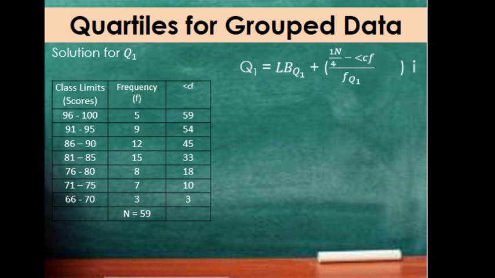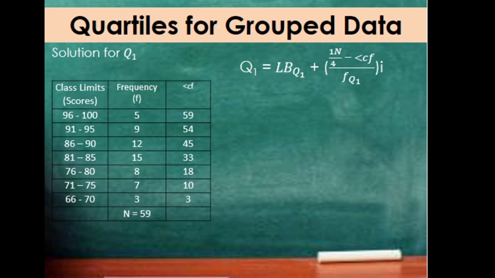Okay, so Q sub 1 is equal to lower boundary of Q sub 1 plus 1 times n over 4 minus less than cumulative frequency, all over frequency of Q sub 1, times i. Earlier in our formula, what was written was k.